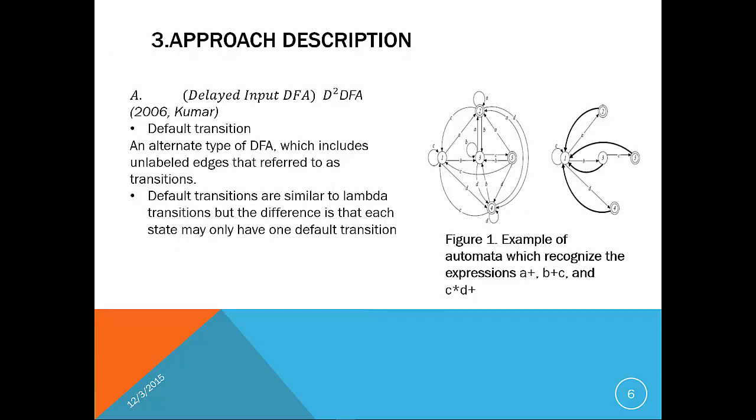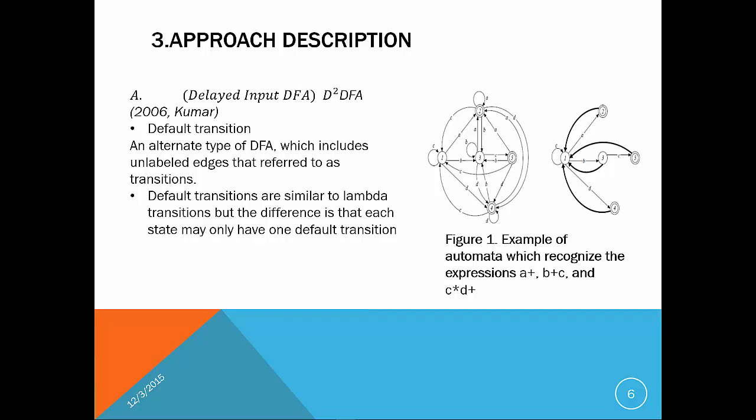The first approach we will introduce is delayed input DFA, also known as D-squared DFA. The right side of figure 1 shows an alternate type of DFA, which includes unlabeled edges that are referred to as default transitions.